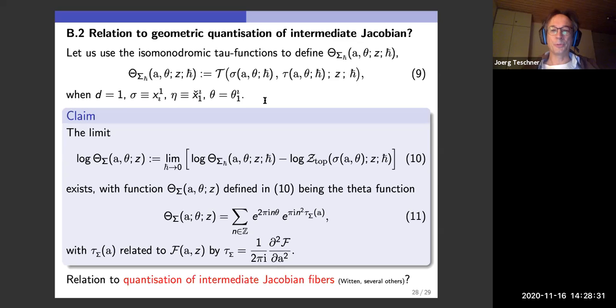What is of course well known is that for these local Calabi-Yaus, H3 becomes essentially the H1 of this curve sigma we're talking about. So how about, does our story have a relation to geometric quantization of, say, the torus fibers in our torus fibration? And it seems yes.